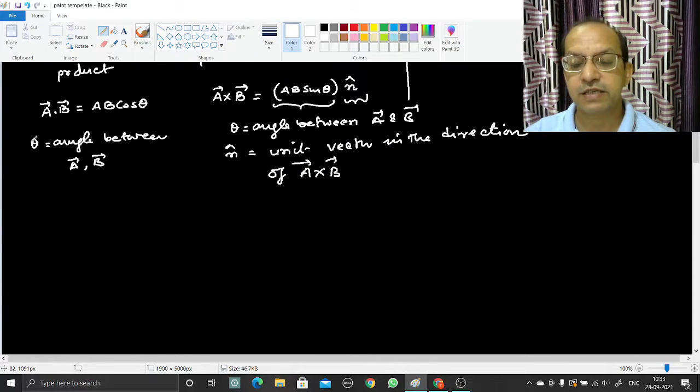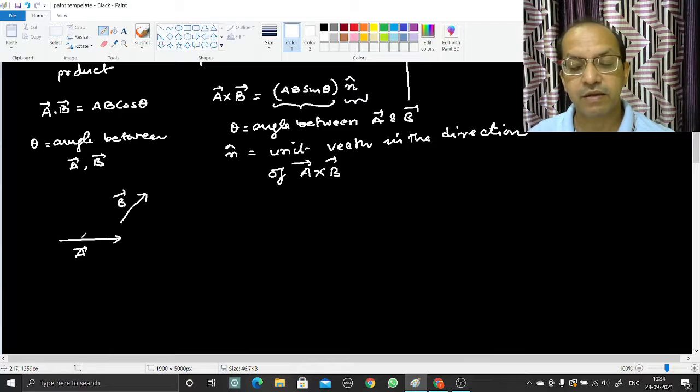So we will define these two quantities. We'll try to understand what is theta. Theta is the angle between the vectors. How to find the angle? Suppose there is vector A and there is another vector B. We can join head of A with the tail of B, head of A with the head of B, or we can join the tails. So to find the angle between two vectors, first we will displace one of these vectors so that the tails of both vectors join.